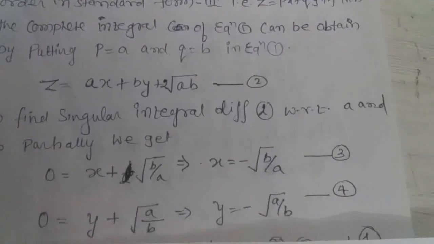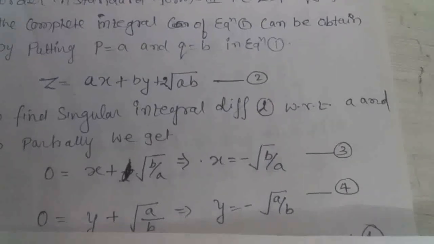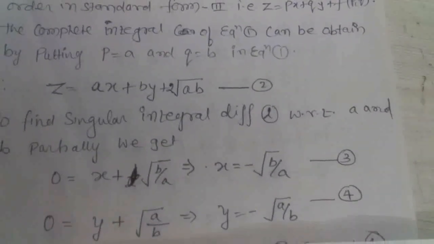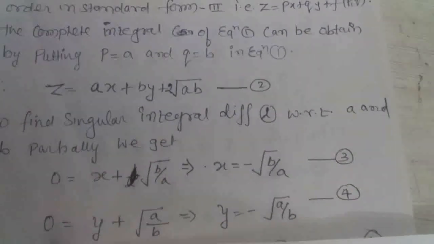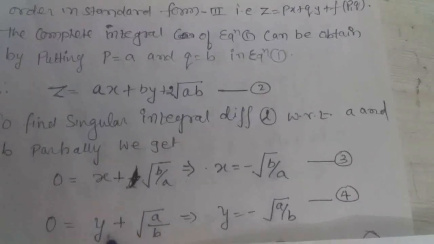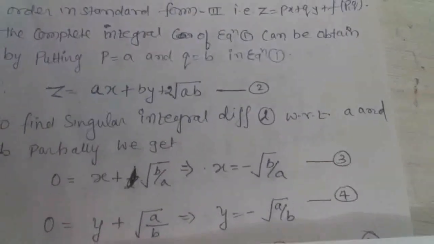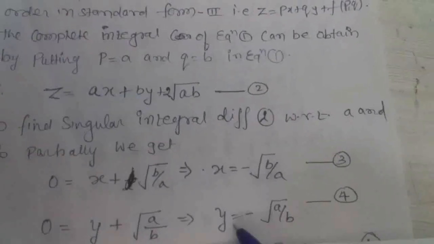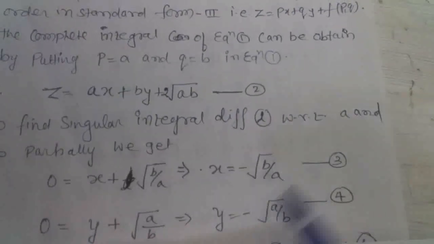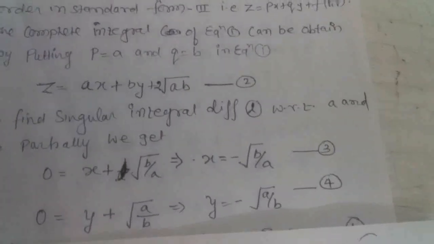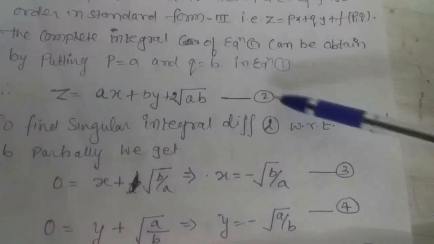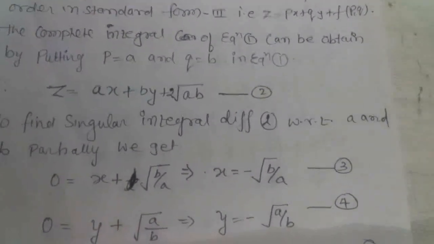Similarly, when we differentiate partially equation second with respect to b, we get 0 equal to y plus root a by b, and which gives y equal to minus root a by b. Now eliminating a and b between second, third and fourth.